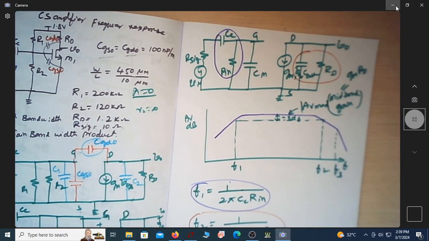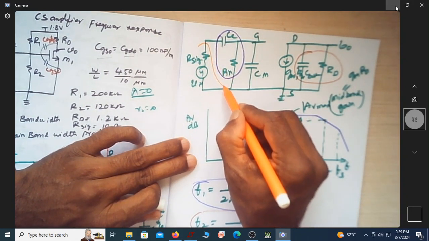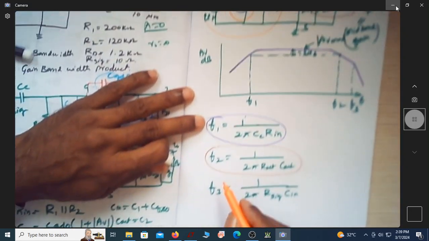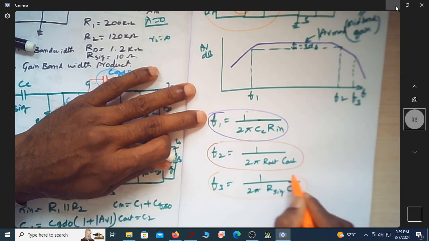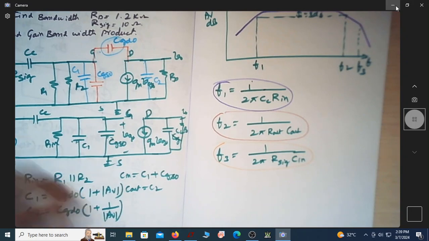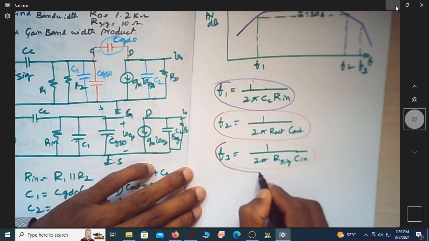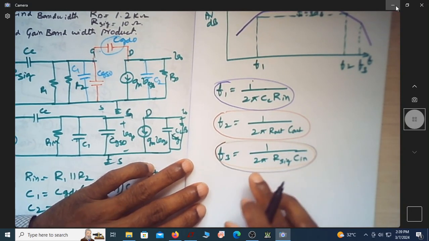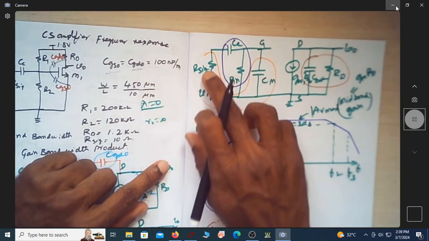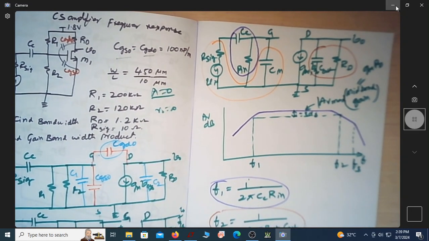The third one is actually this: you have this R signal and Cin. F3 is due to R signal and Cin. So don't simply say this. You have to be careful while understanding.